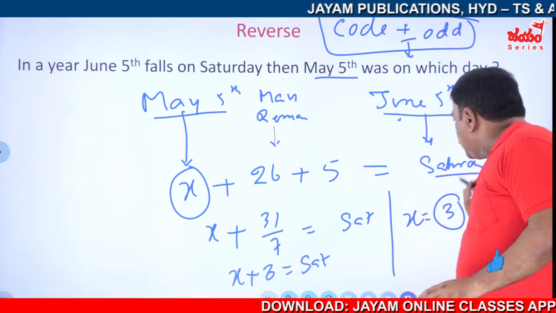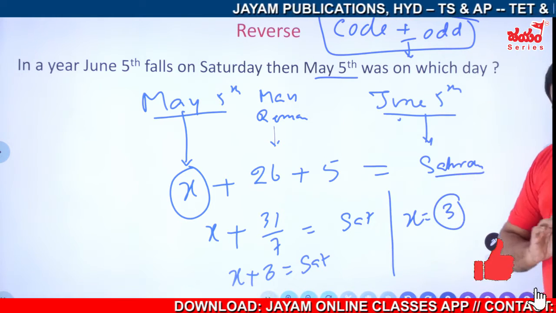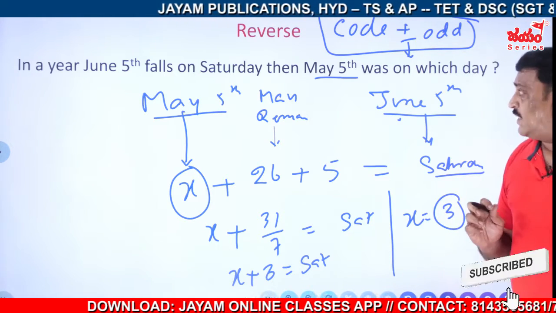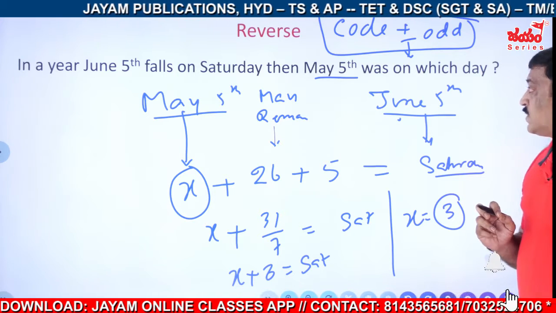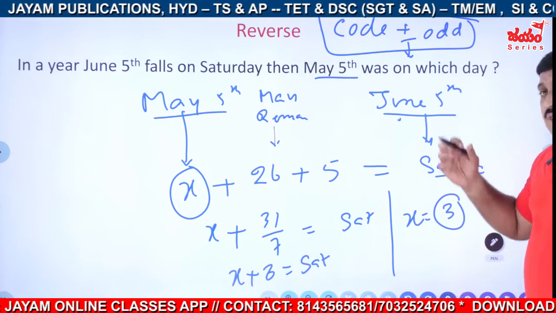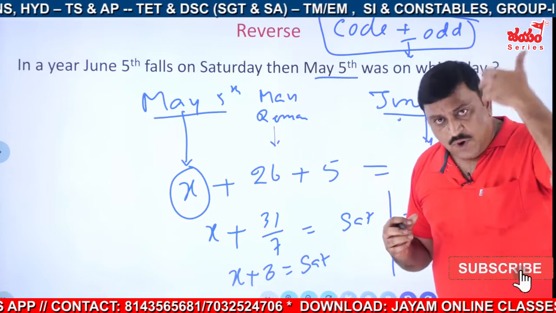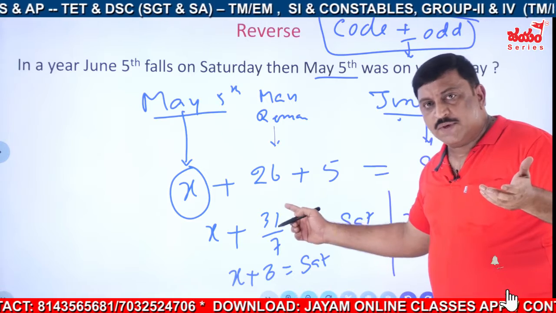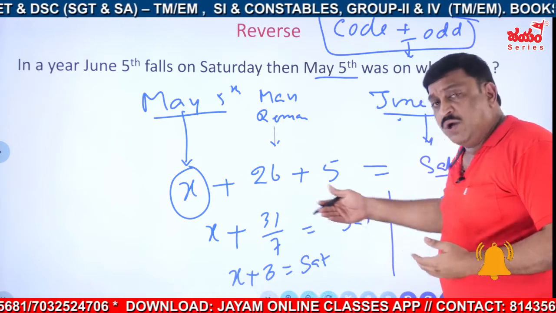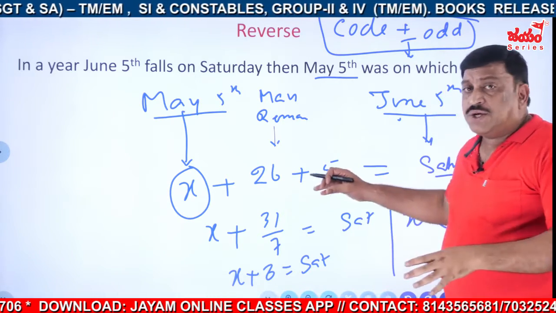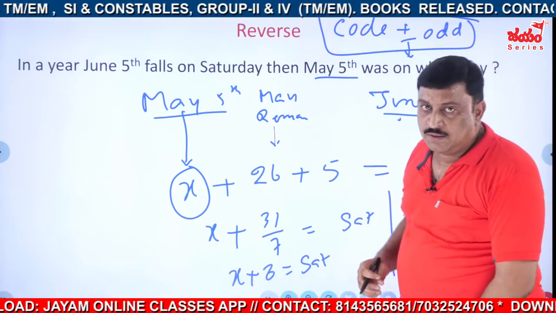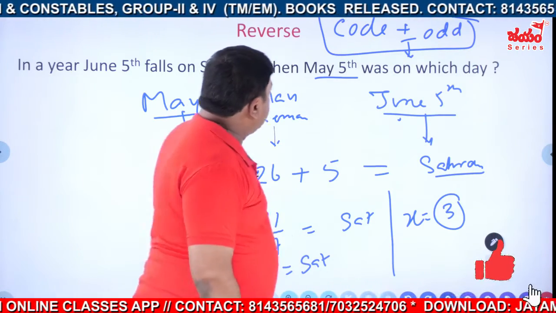So it is Saturday minus 3, that is 3. The same question, June 5th to May 5th, we can do with the month code directly. We'll do that later. But previously, you have to learn the calculation without confusion. We'll see the next question also.